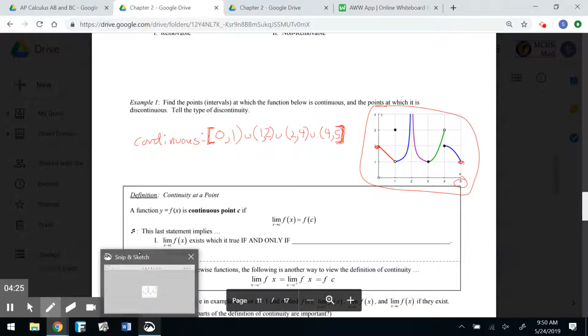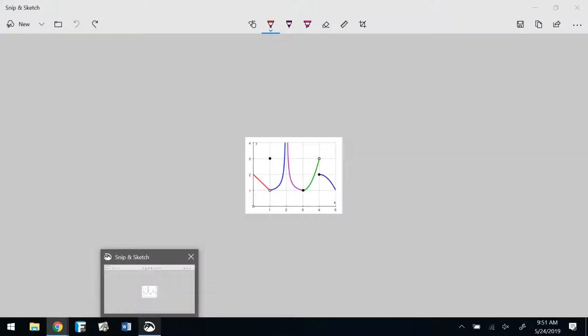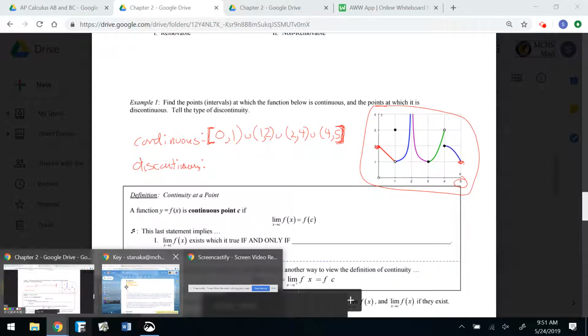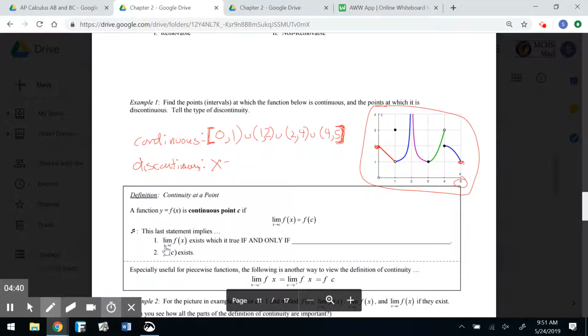Now, where would this be discontinuous? It would be discontinuous at x equals 1. And sometimes we want to describe what kind of discontinuity that would be. That would be a removable discontinuity. What else do we have here?